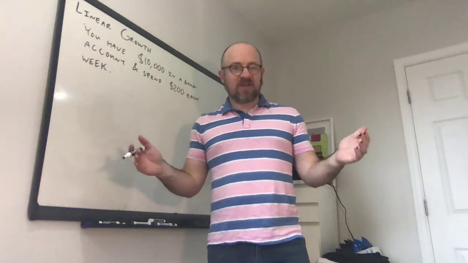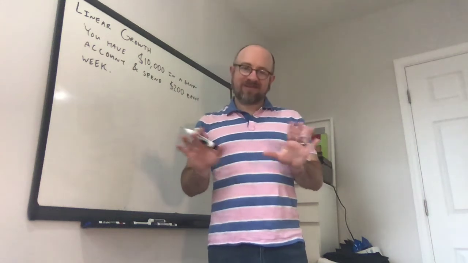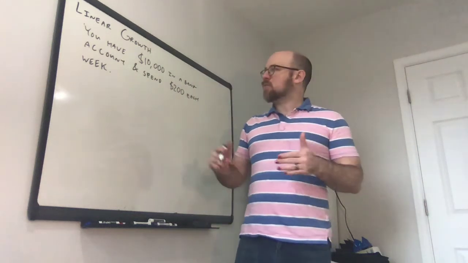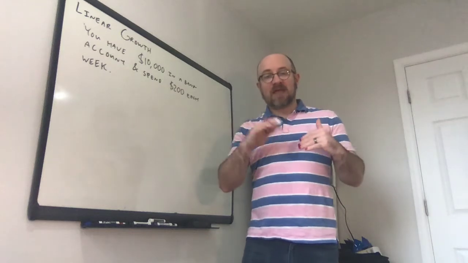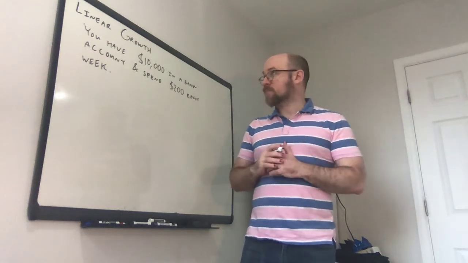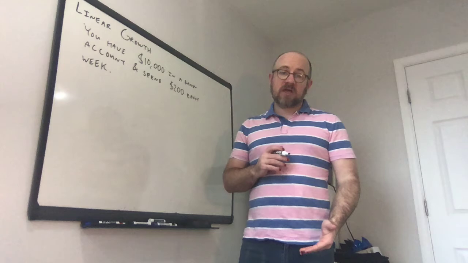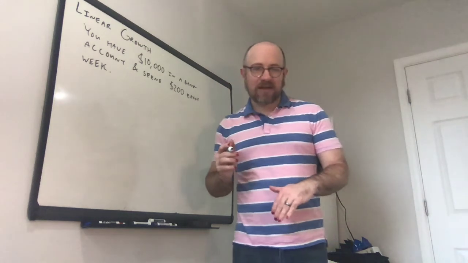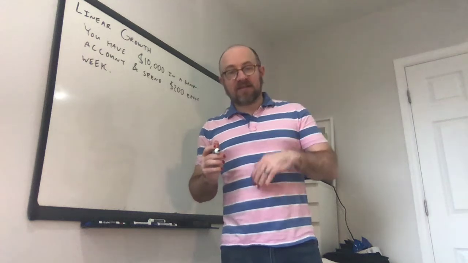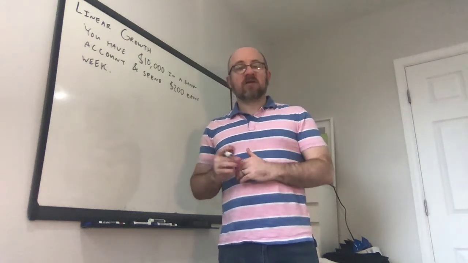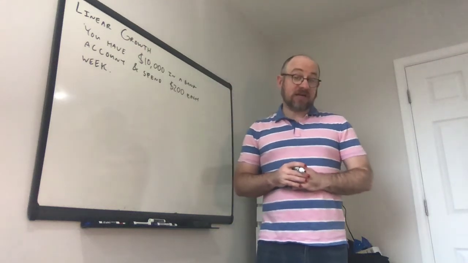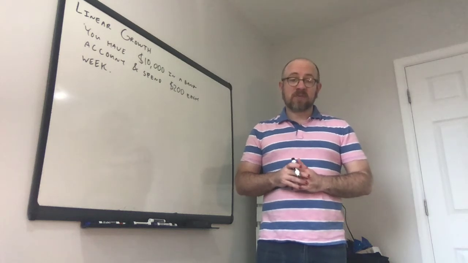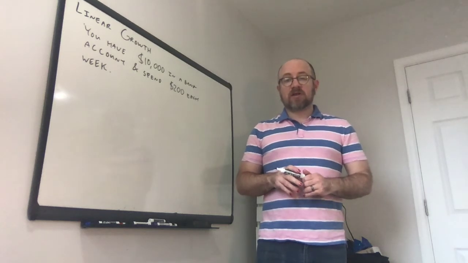Some mathematicians would say that it grows in a negative direction. That's kind of confusing language, but it would decrease linearly by the same amount every single time. Okay, so we would have 10,000 one week. Then the next week we would have 10,000 minus 200, 9,800. Then the next week 9,600, 9,400. It would be changing linearly. Okay, so that's what characterizes linear growth.